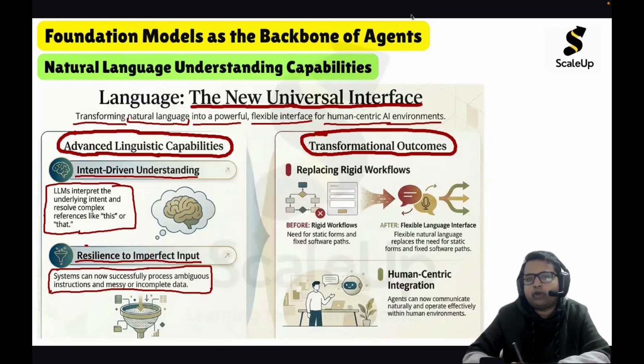And what benefits we can achieve out of it is we can replace rigid workflows. So before, since natural language was not in place, we had to give instructions in such a way that computing systems can understand, either in the form of a flow chart or some sort of programming language.